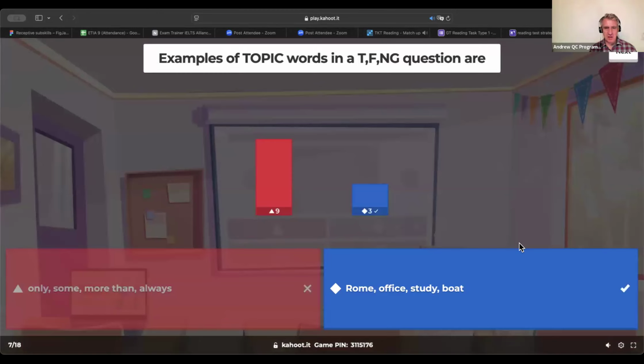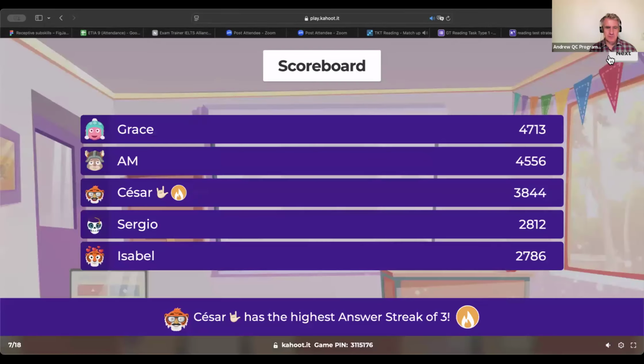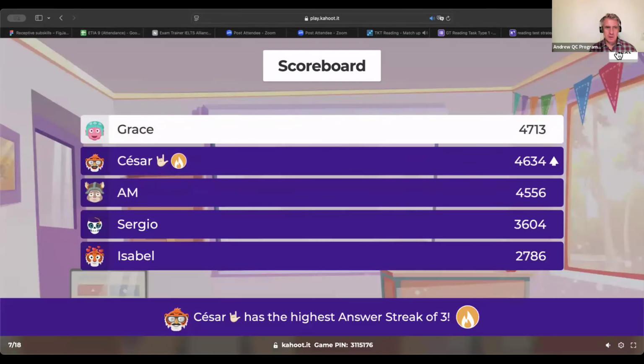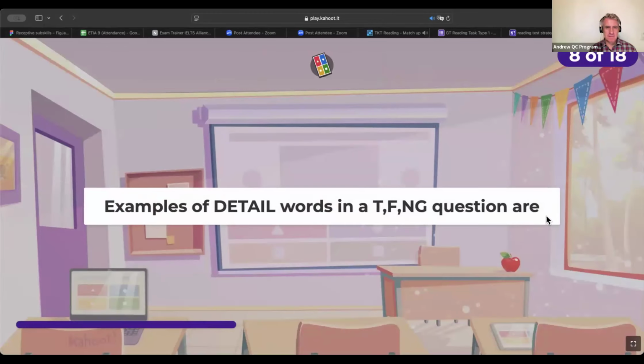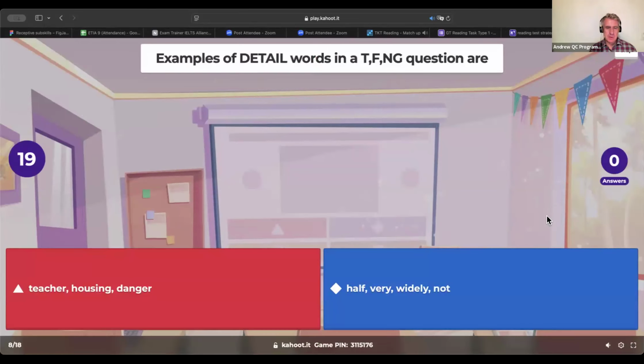Like words that contain nouns or proper nouns, not quantifiers in this case, or adverbs. Detail words.